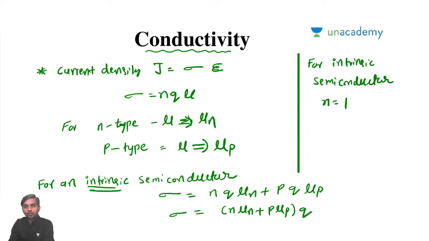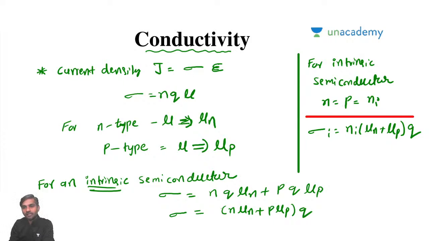For an intrinsic semiconductor, N is equal to P is equal to Ni. So what does this formula become? I can write sigma i is going to be Ni into mu n plus mu p, into Q. This is a very important formula.